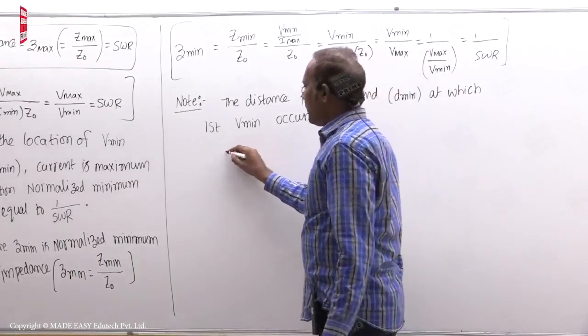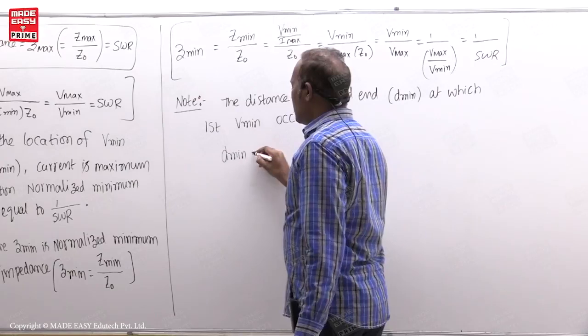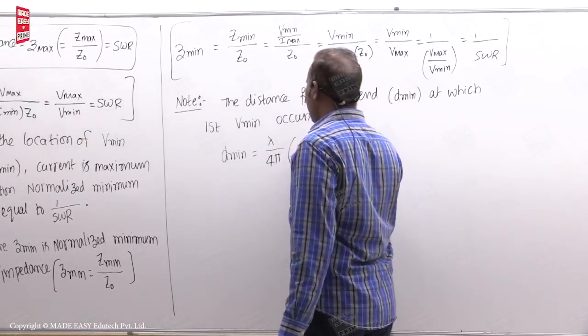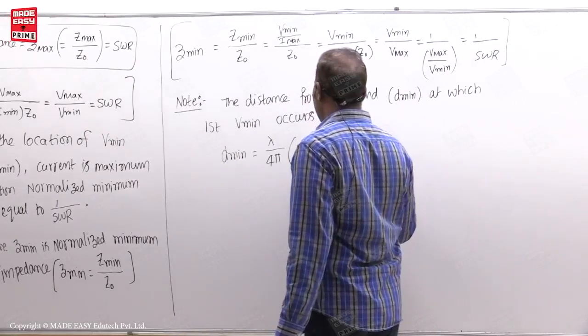D minimum is equal to lambda by 4 pi plus theta gamma L.